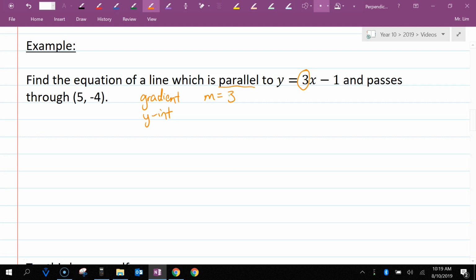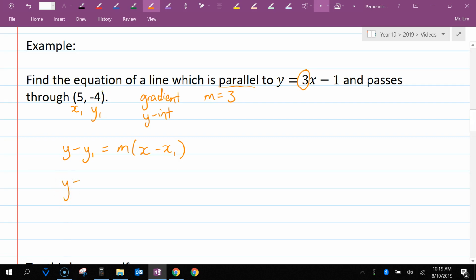Or we can just use the point gradient formula: y minus y1 is equal to m bracket x minus x1. We can label the point given in the question x1, y1, and substitute.